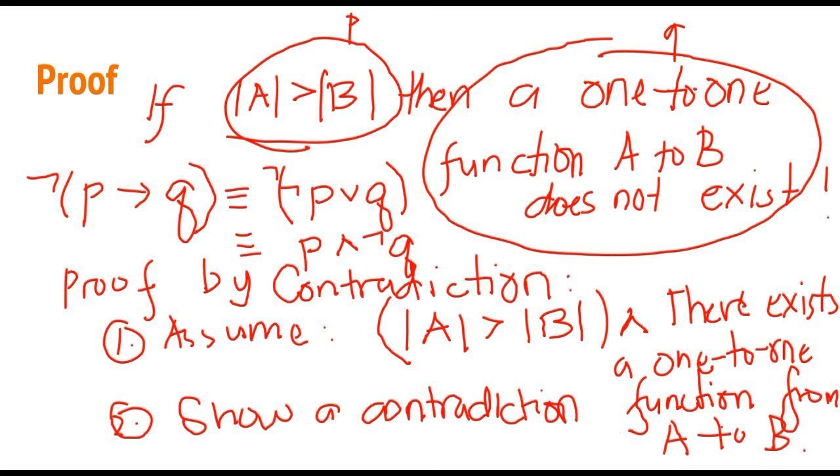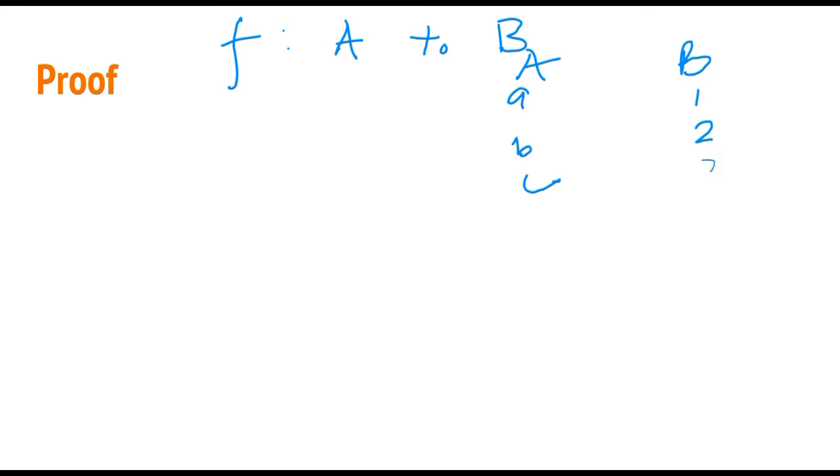Basically, if this is set A to set B, and we are talking about a one-to-one function, say for example set A will be composed of letters, so this will be A, B, C. And set B, for example, will be composed of numbers 1, 2, 3, 4.